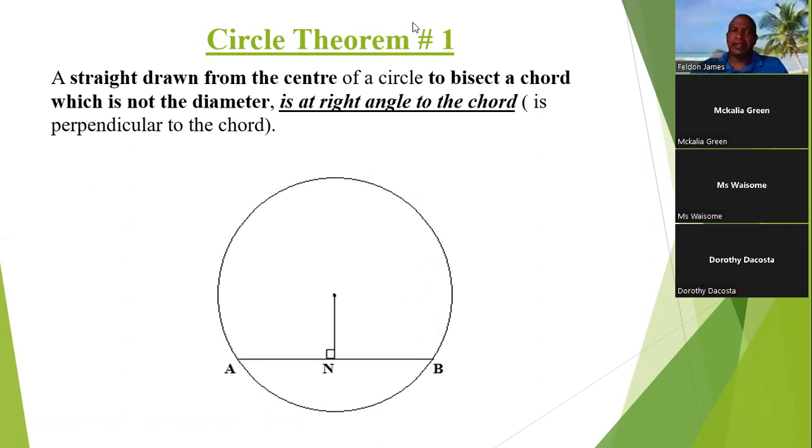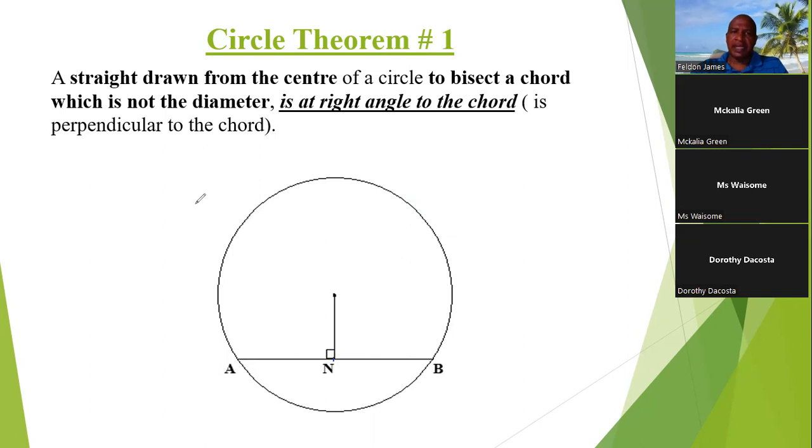Perpendicular is just another big name to mean that two lines are at right angle to each other. All right, so the radius comes from the center down. It meets the chord at the center of the chord.